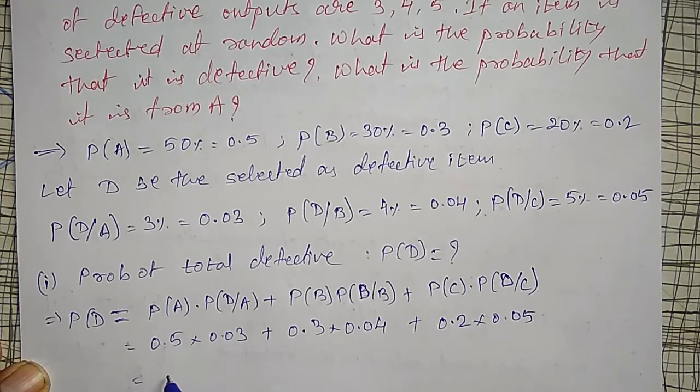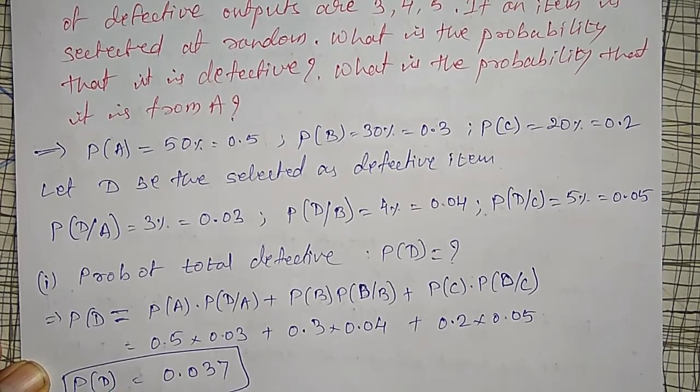Evaluate this, we get 0.037. Therefore, the probability of total defective is 0.037.